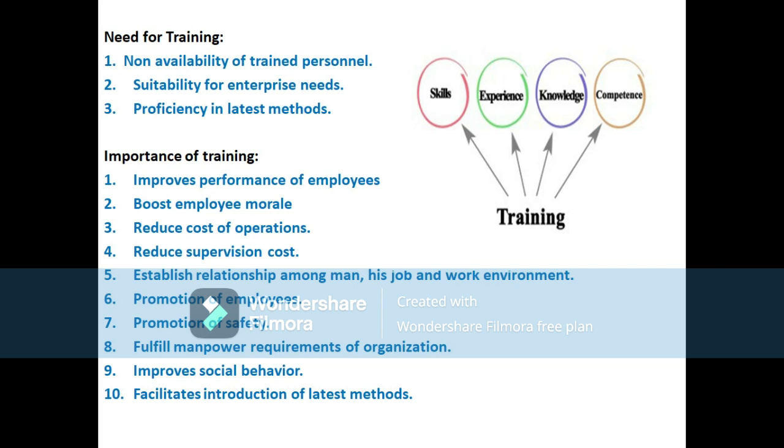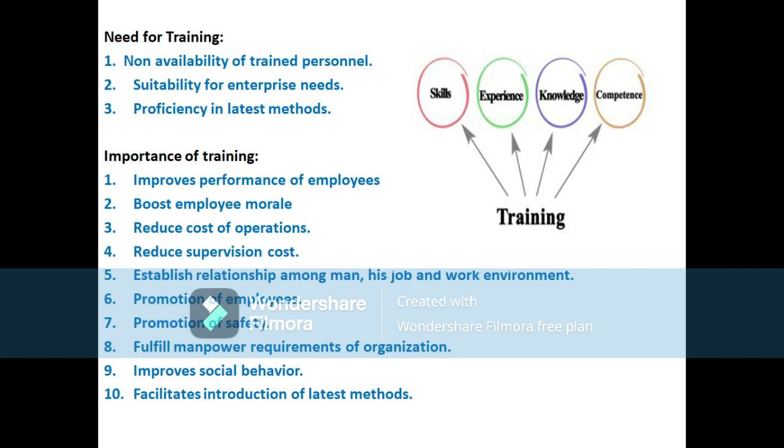In other words, training helps in improving the quality and quantity of workers' output. Output means the production, the productivity. Next, improvements in manpower productivity in developed nations can be attributed in no small measure to their education and industrial training programs.